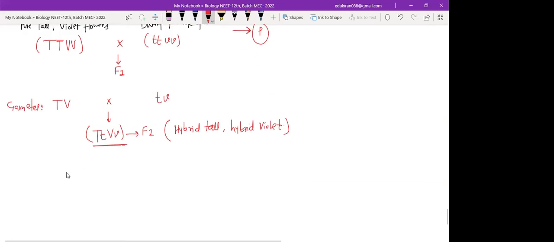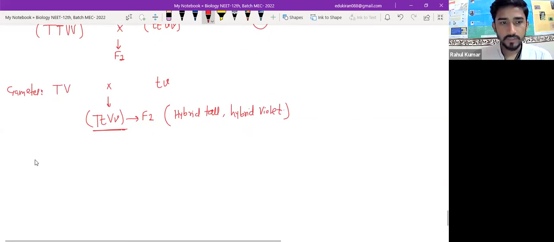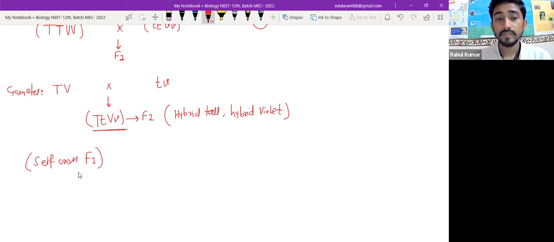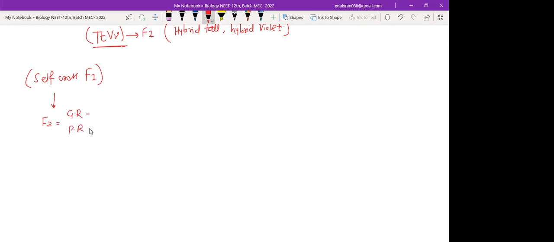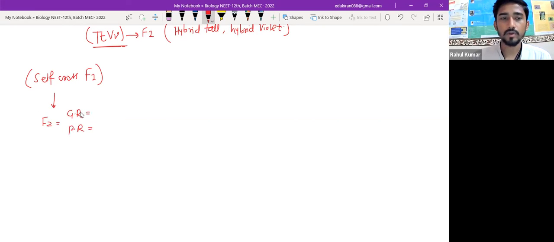Now, this you have to do. If we self-cross F1, what will be the genotypic ratio and phenotypic ratio in F2? Can you figure it out? It will take two to three minutes. It's going to be a long cross, so follow the same rule.